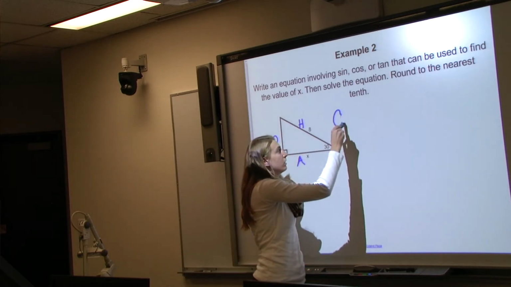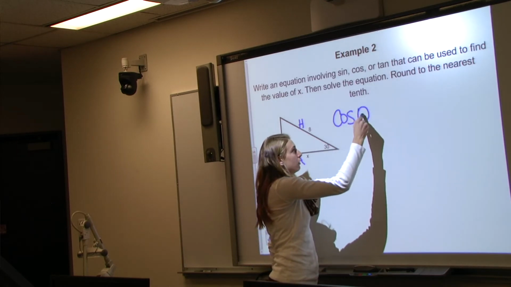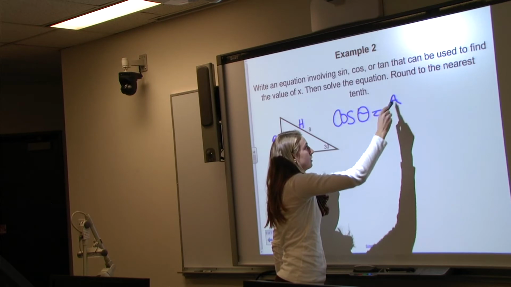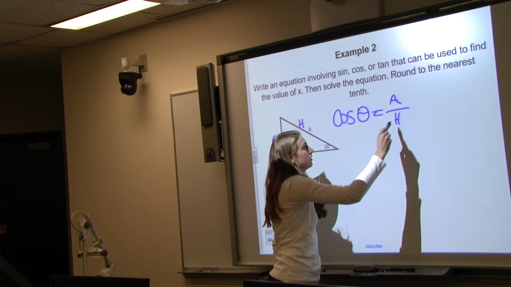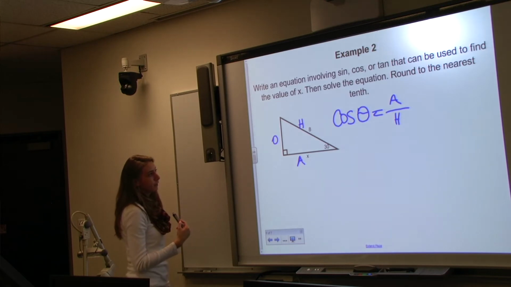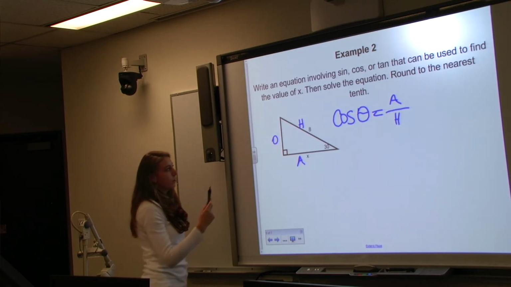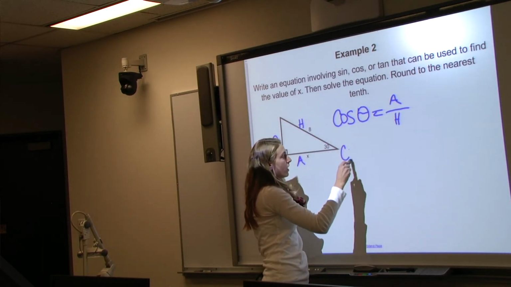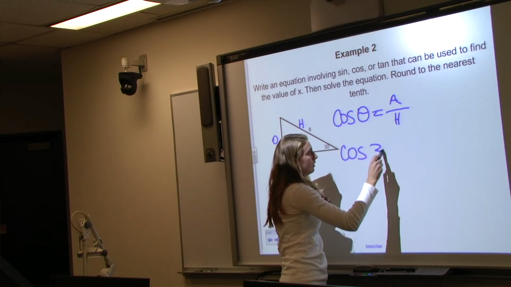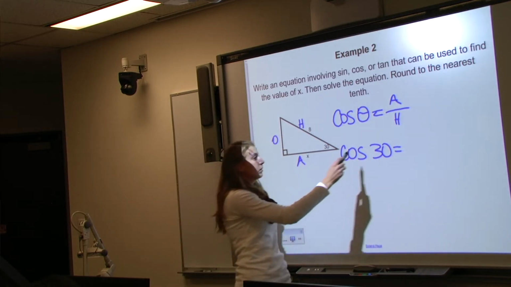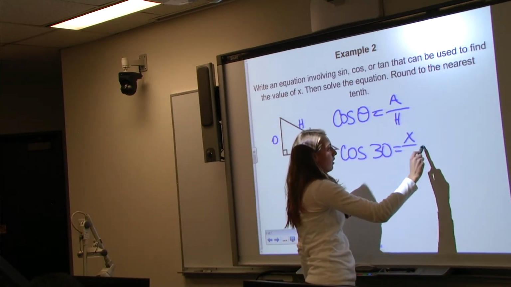So the cosine of theta, which is 30, is going to be our adjacent over hypotenuse. That's what we learned earlier, right? And I know these values, so let's put some in. We have cosine of 30 equals x over 8.